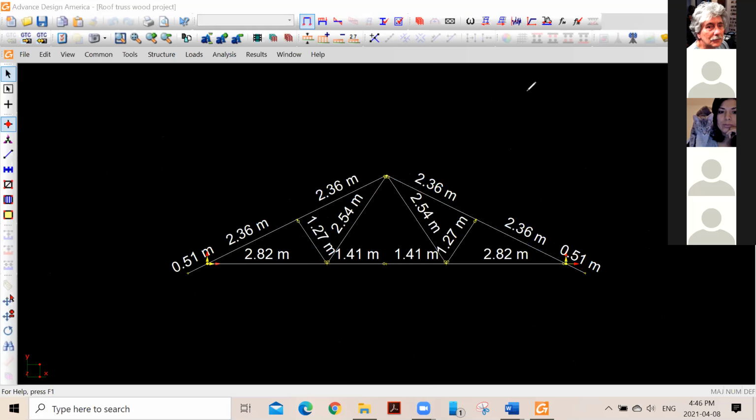Okay, now for the deflection, what you do is once you're satisfied that this can be a 2x6, once you're satisfied that this can be 2x4s, you understand?